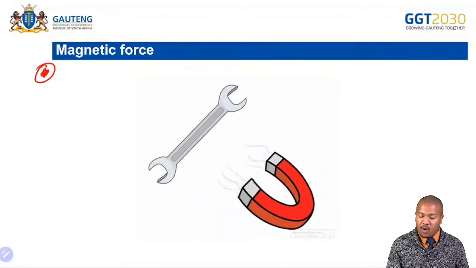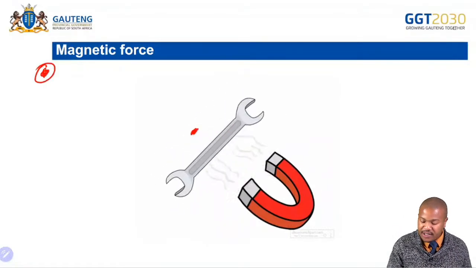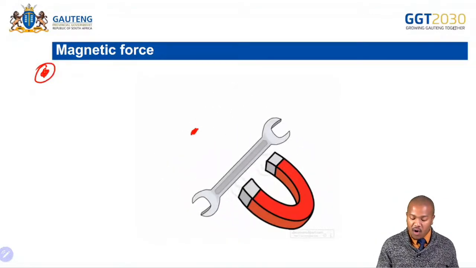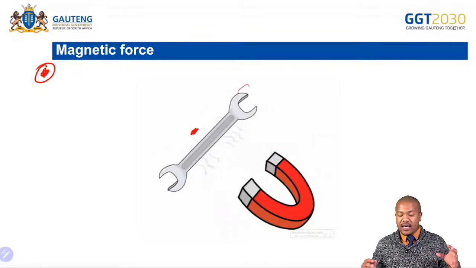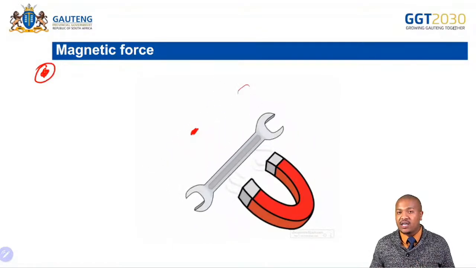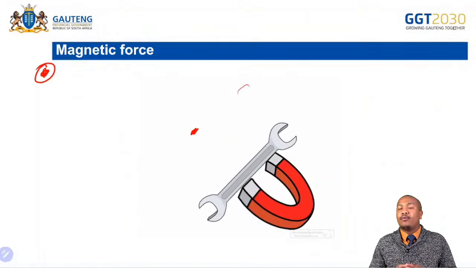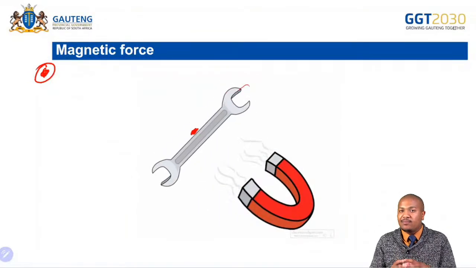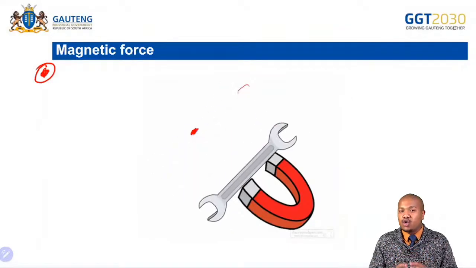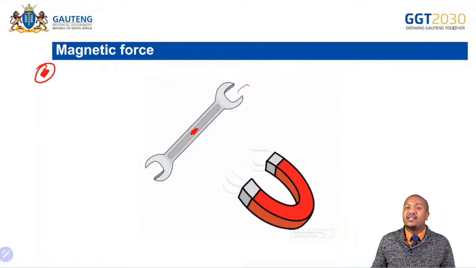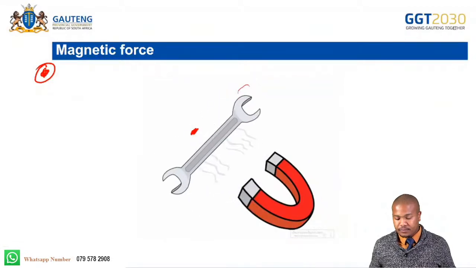But because now it is closer at this point, and the magnetic fields are closer to one another, this force is able to act. This magnet is able to pull this spanner closer to it because of the magnetic fields on these two objects, the magnet and the spanner.